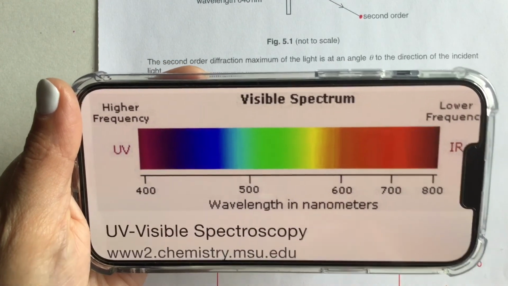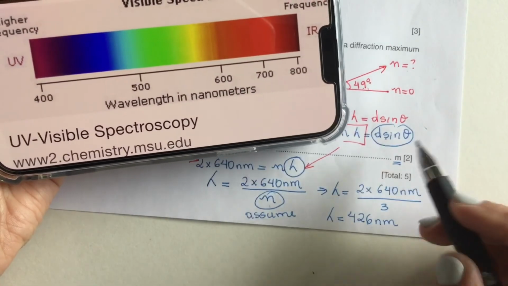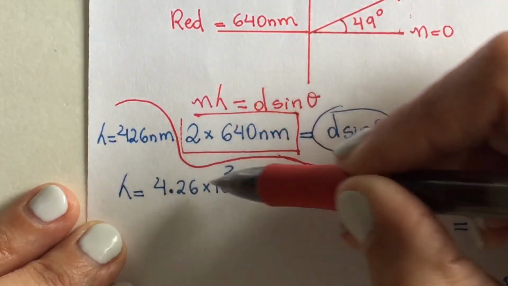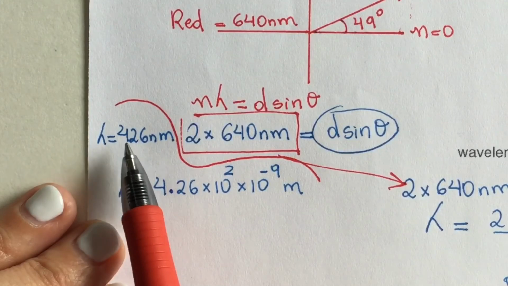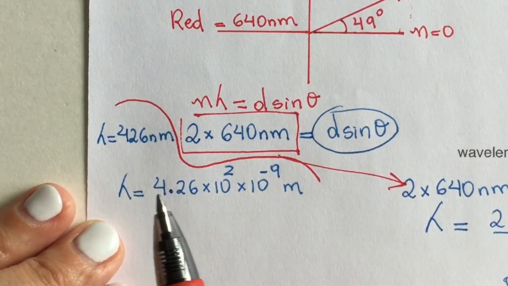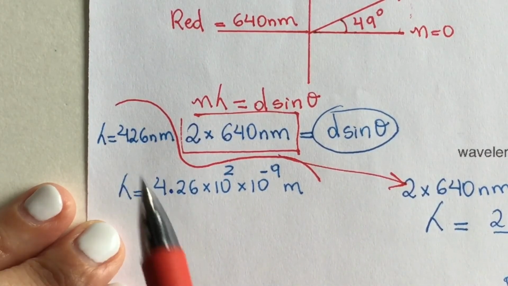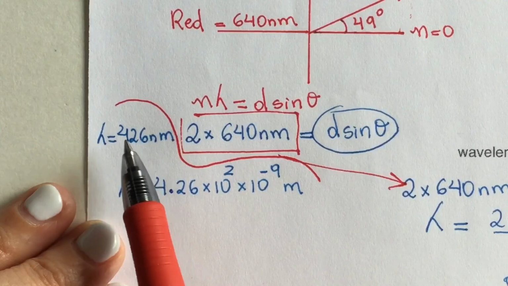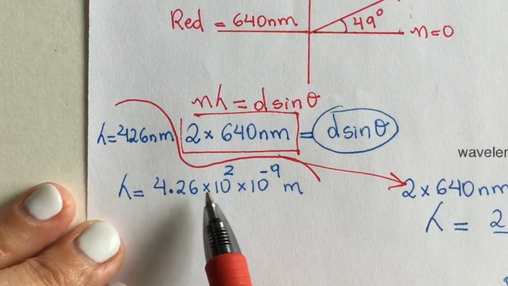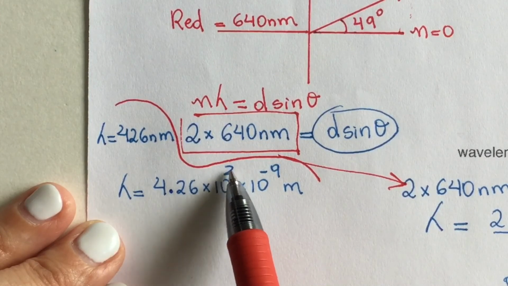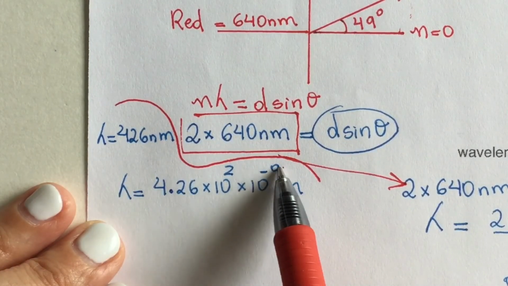So now we just need to convert 426 nanometer into meter. So right here is showing, I make the divider here. So my calculation is 426 nanometer, and my job now is to convert to meter. And what I'm going to do is, 426 is the same as 4.26 times 10 to the second power, times nano, 10 to the minus 9.